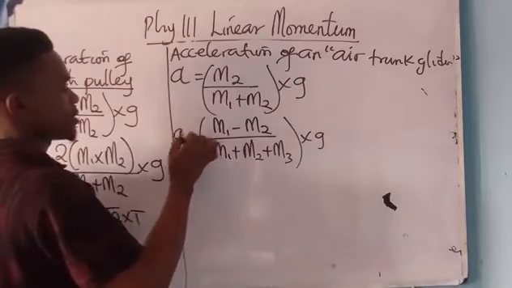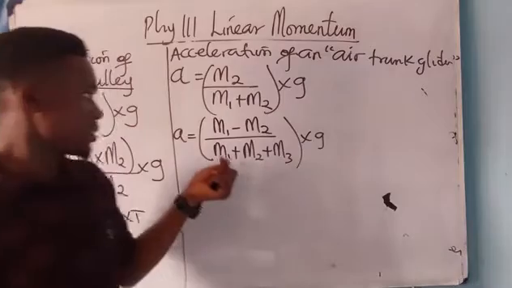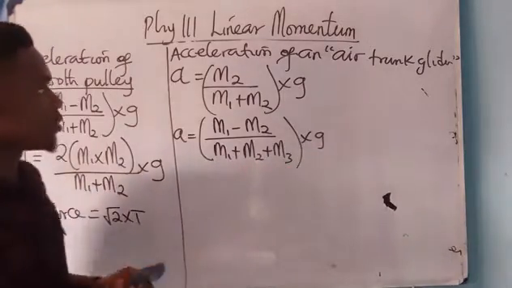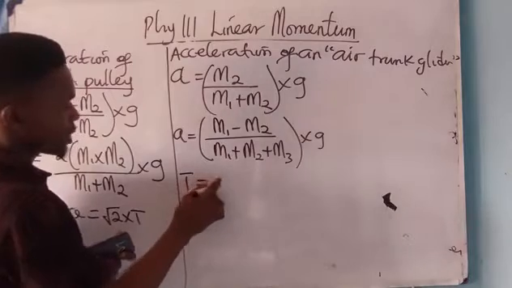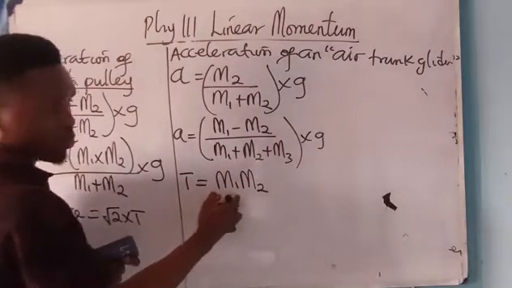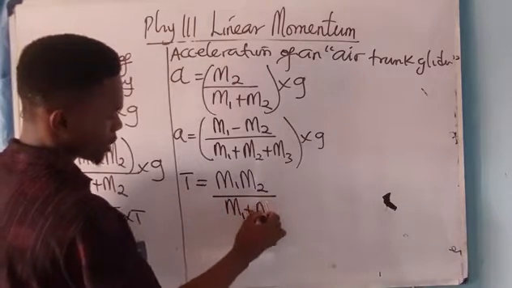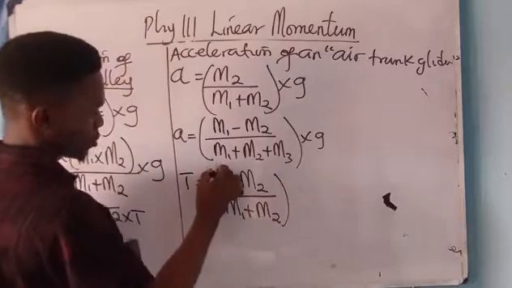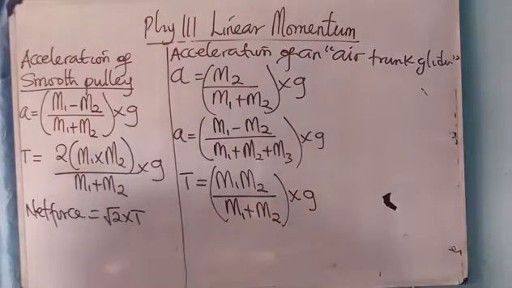That is 3 masses where you have air track glider. But the tension of an air track glider, that is T, is usually given as m1 times m2 over m1 plus m2 times g.